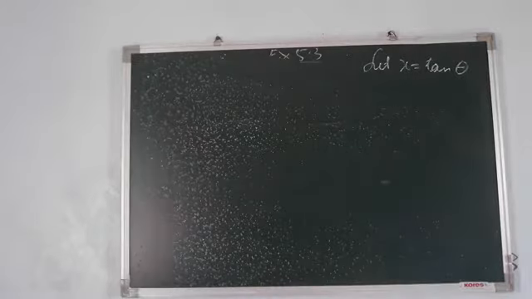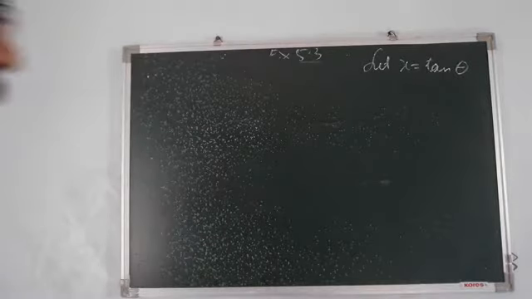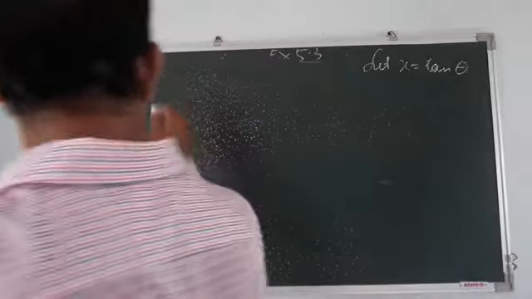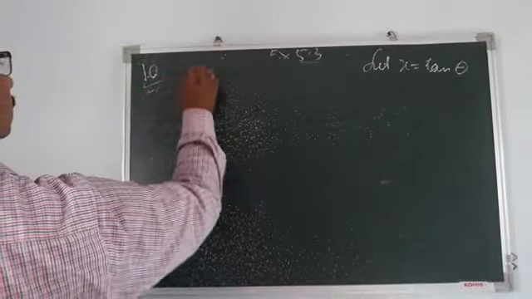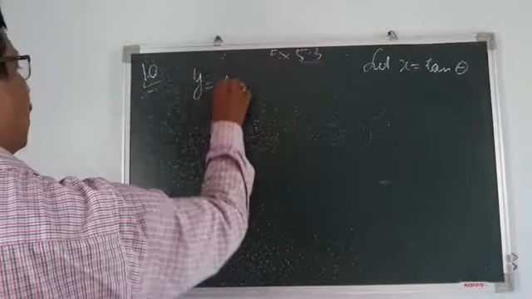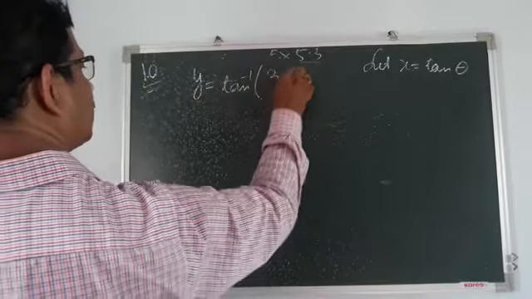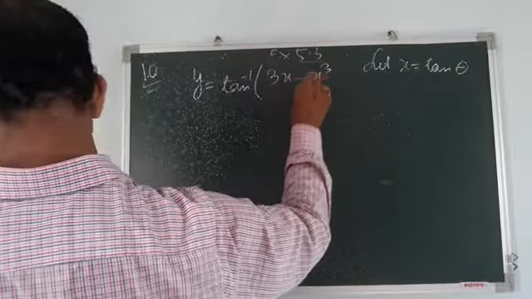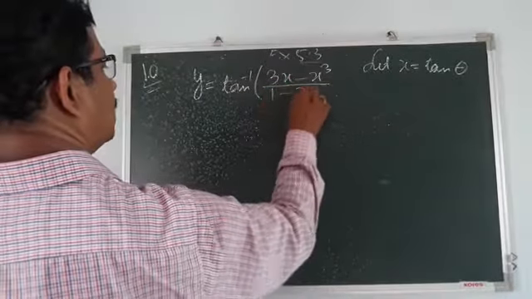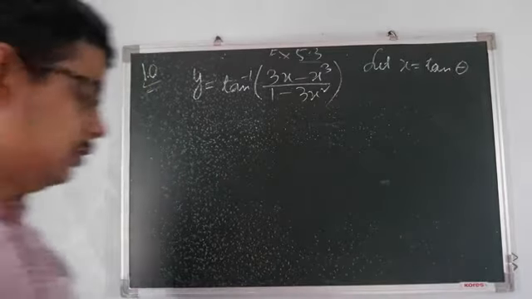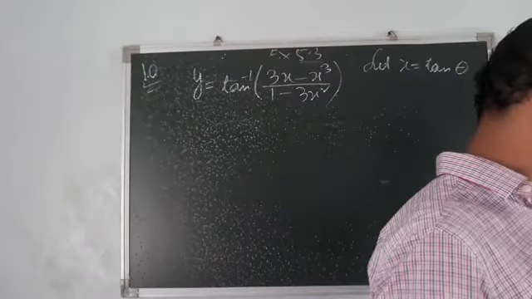Question number 10, it is given like that. y is equal to tan inverse of thrice x minus x cube by 1 minus 3x square. This is our y.